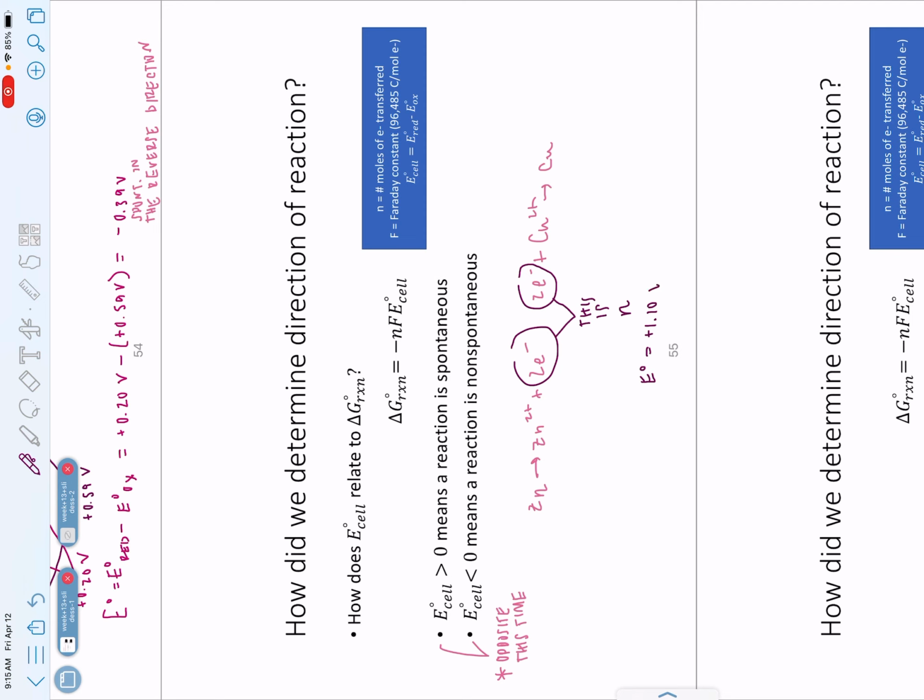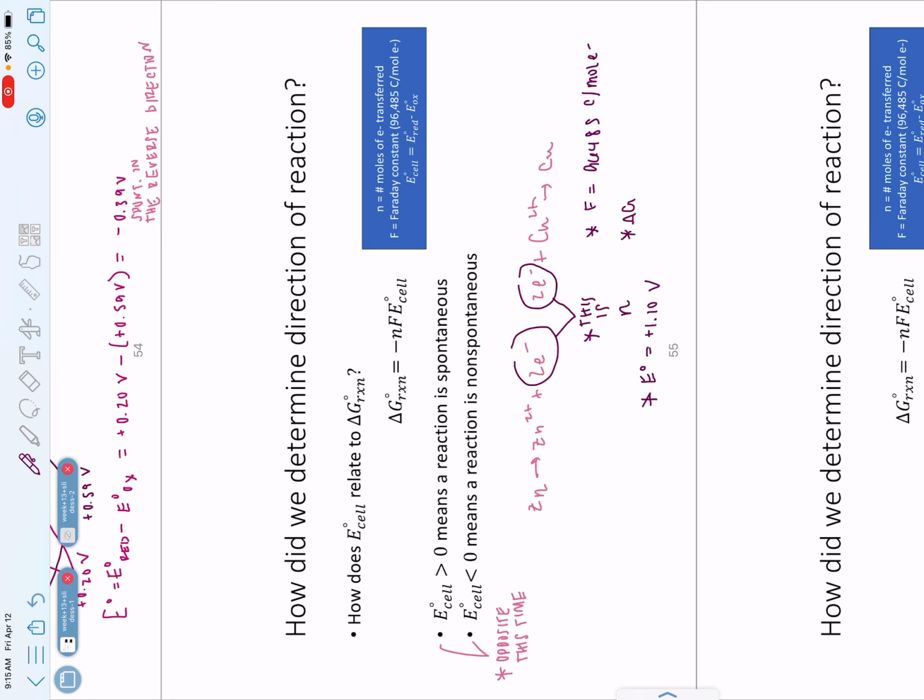So if I take these values, I can calculate delta G for this reaction right here. Delta G is always equal to negative number of moles, 2 moles of electrons, times the Faraday constant, 96,485 coulombs per mole of electrons, times my measured cell potential, right?